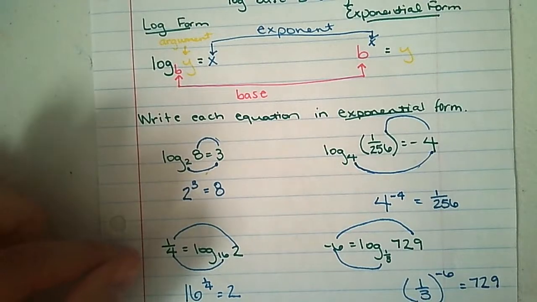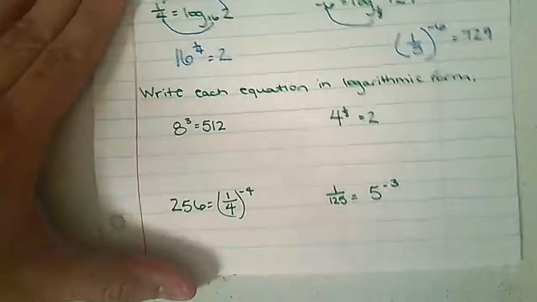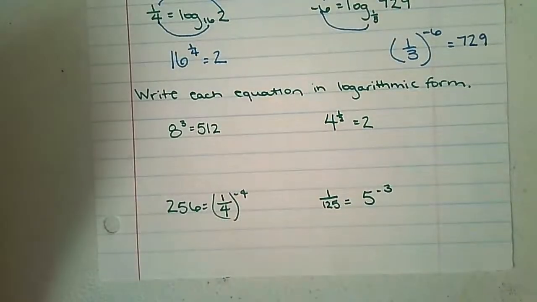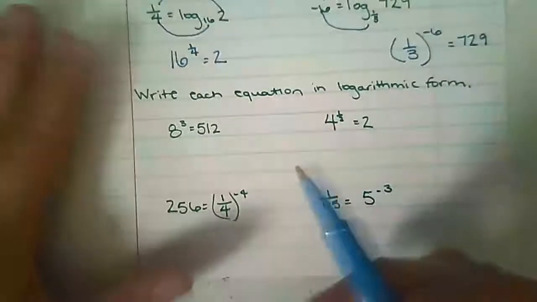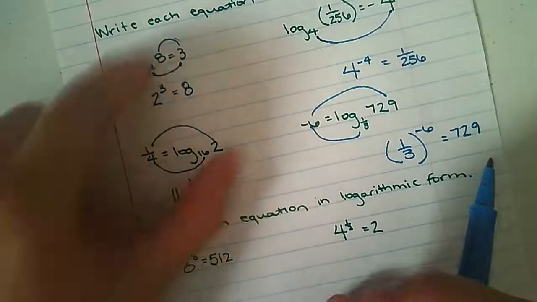All right, in this next section then, we are going to go from exponential to log form. So we're going to go backwards this time. All right, so we're going to do a log roll again. So remember how we started with the base, then we went to what it equals, and then what's left. We're going to do the same thing down here.